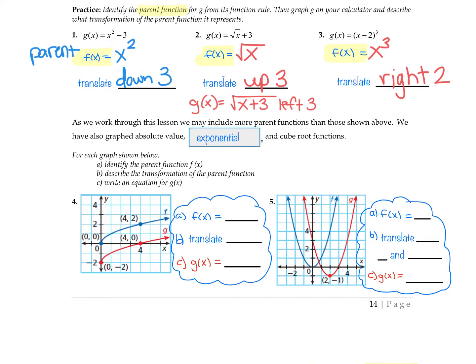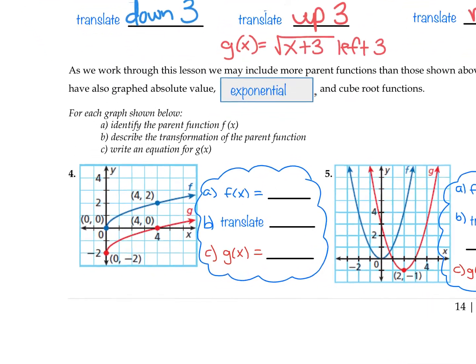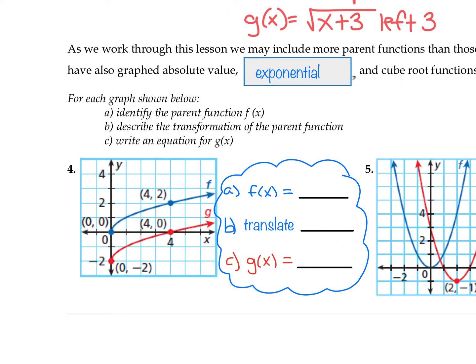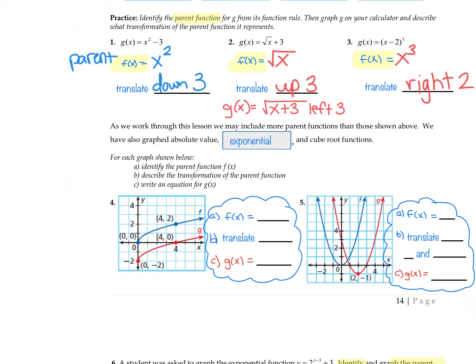All right, so it says as we work through this lesson, we're going to include more parent functions than those shown above. We have also graphed absolute value, exponential, and cube root functions. So here, it says identify the parent function f of x, describe a transformation of the parent function, and write an equation for g of x.